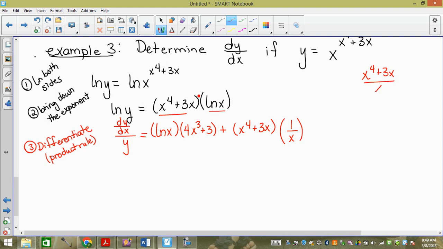Now, what could we do? Take out an x out of every term. It has to come out of all of them, or it can't come out at all. So this x would cancel, this x would cancel, this would become a 3. So this is going to end up being x to the 3 plus 3. And then this just stays there, multiplied by our y.